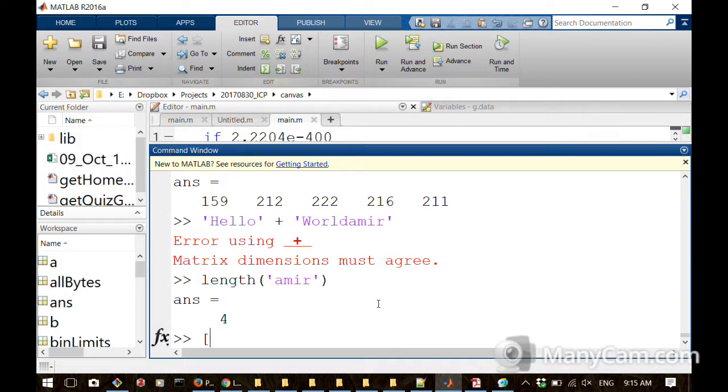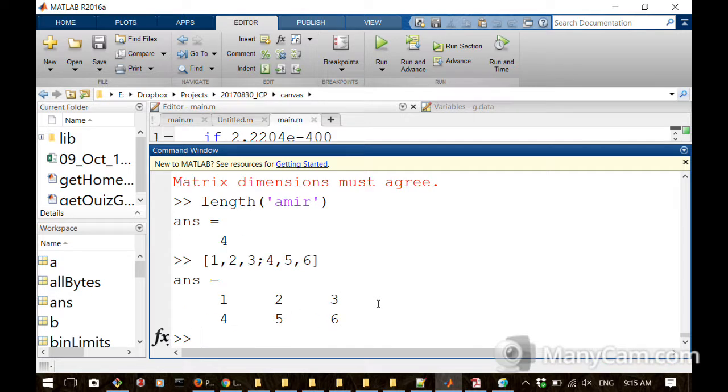Okay, so if I define 1, 2, 3, 4, 5, 6, this is a two-dimensional array. It has 2 rows, 3 columns. Now if I say length, what is it going to give me? The variable is answer.